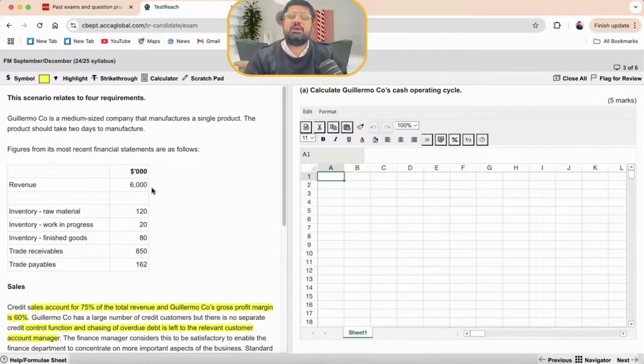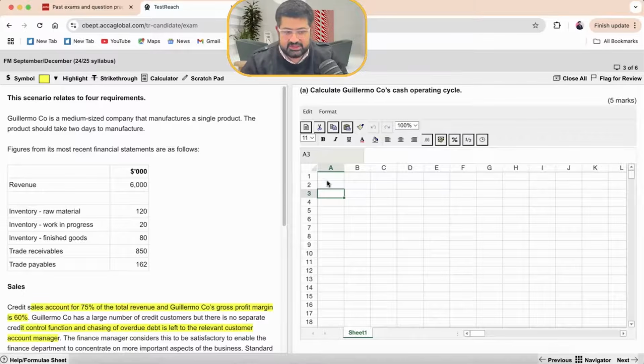So first of all, we need to know the cash operating cycle includes the calculation of raw material days, work in progress days, and then finished goods days, and then trade receivable days and trade payable days of the company. And for all that, they have given us the sales. The sales are total 6 million.